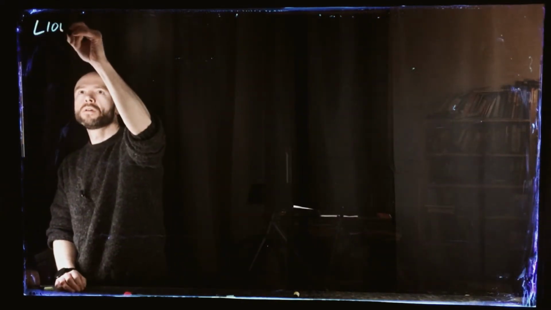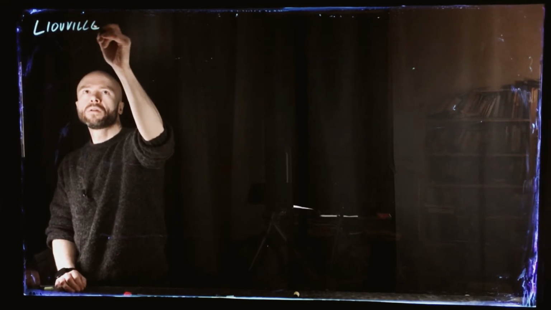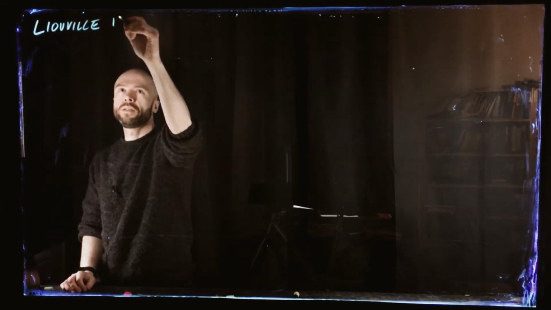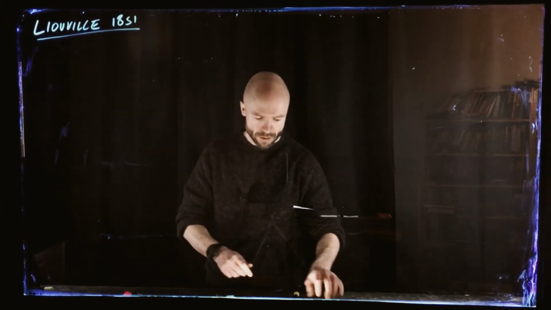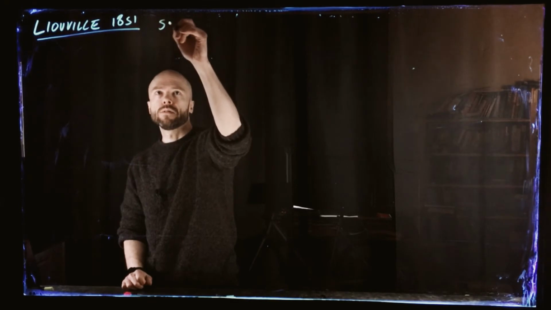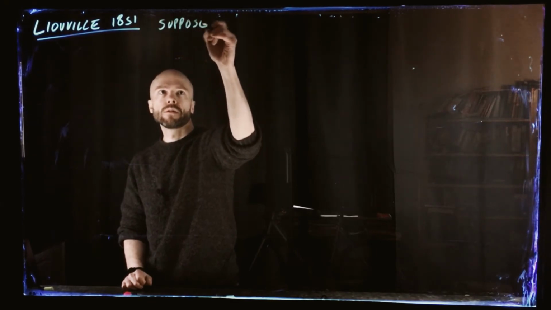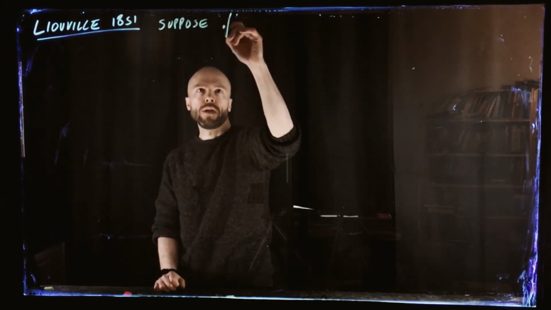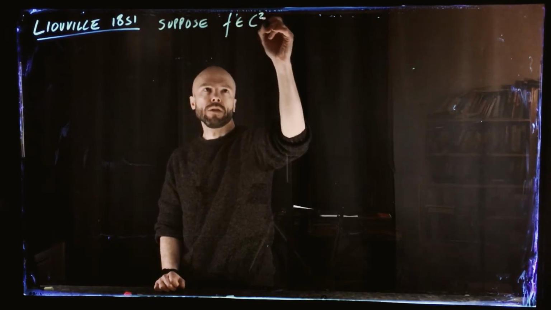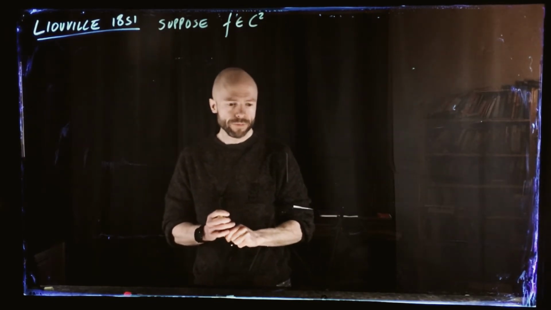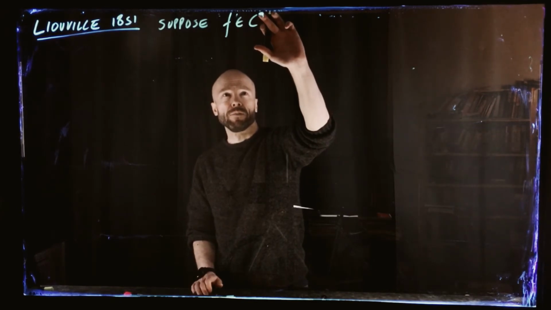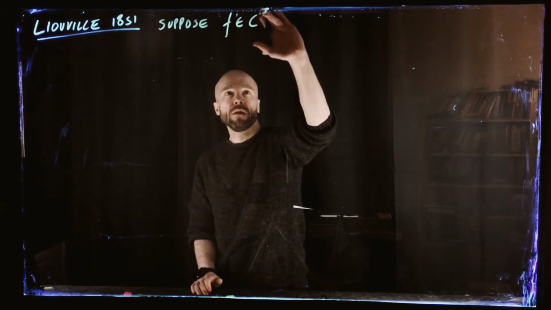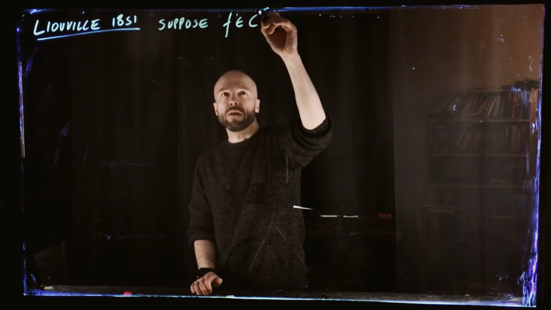Liouville, from 1851, I think. Suppose F is, I think he did maybe C3, let's say, well, let's just state it for C1 because that's all we need. Okay, now let's be accurate.